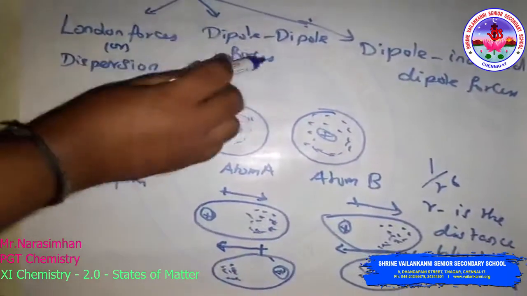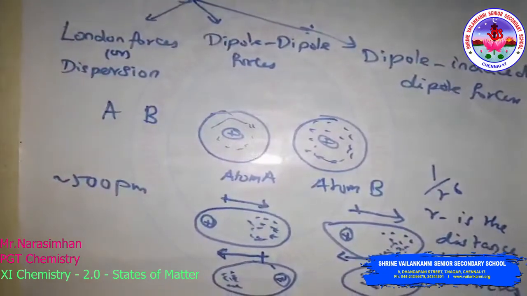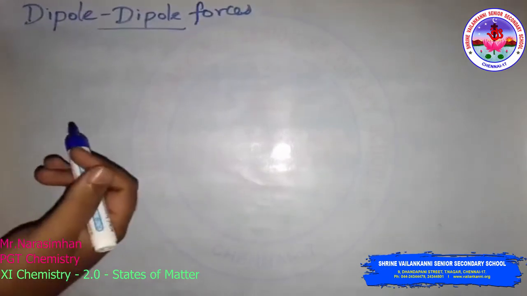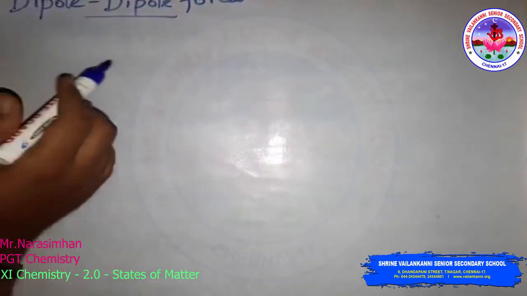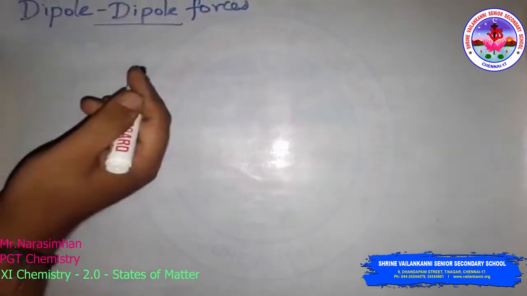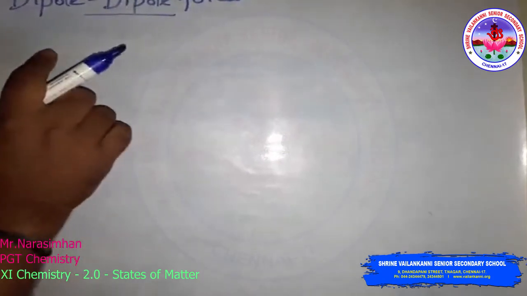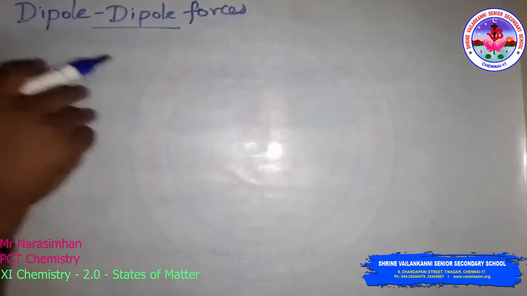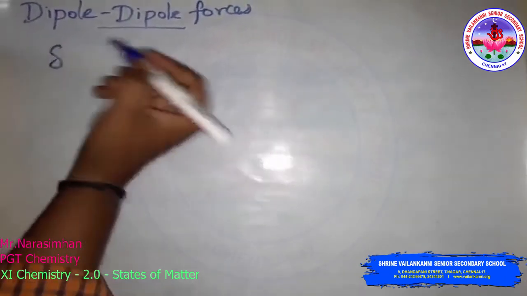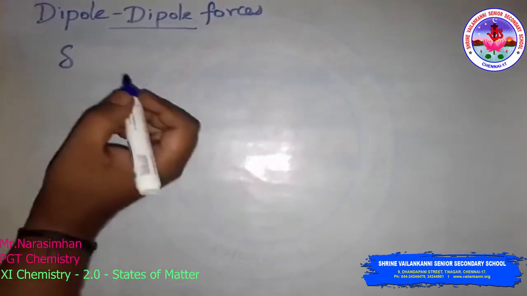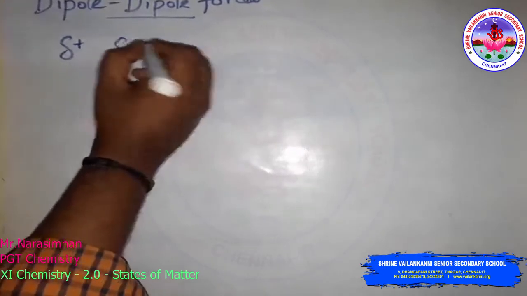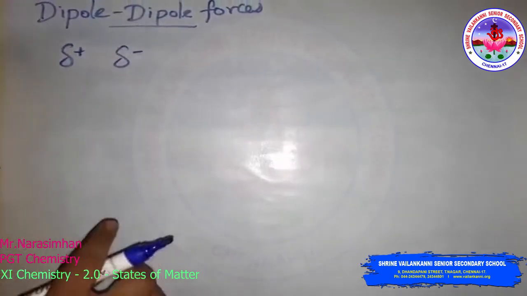The next is dipole forces. The second is dipole interaction or dipole forces. These forces act between molecules possessing a permanent dipole, as opposed to a temporary dipole. A permanent dipole possesses partial charges. We write the partial charge with the Greek letter delta, delta plus and delta minus, meaning partially positive and partially negative.